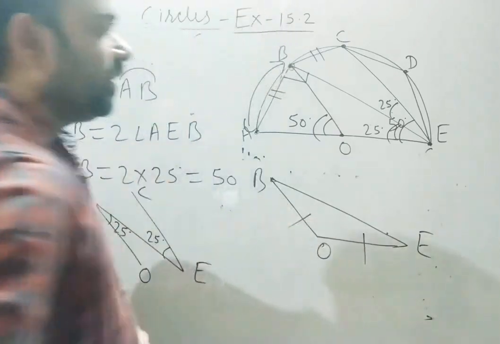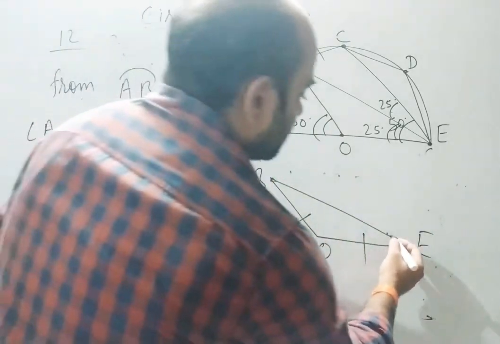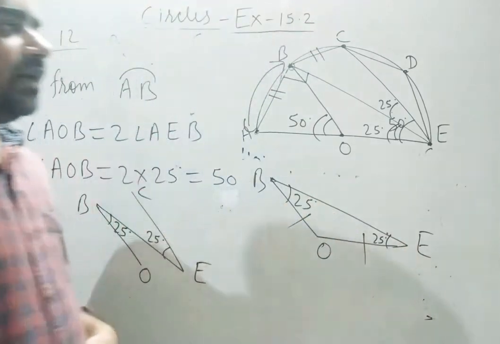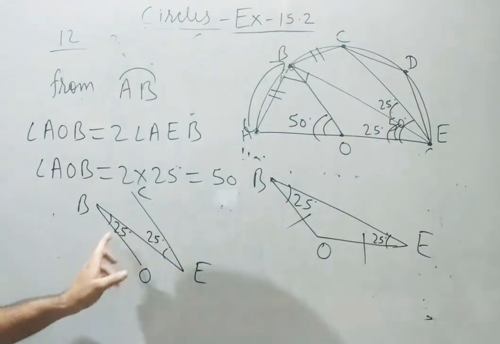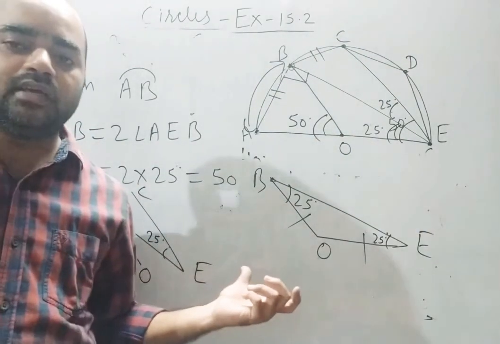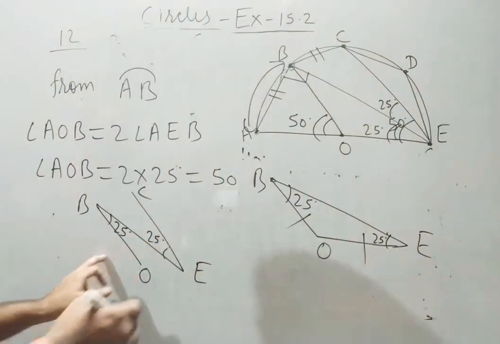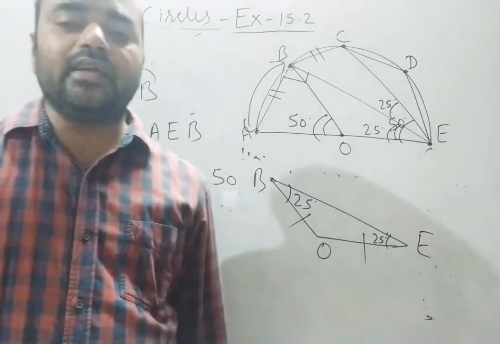These two are radii, center to circumference, center to circumference. This is 25, therefore this will also be 25, and already this is 25. So these two angles are 25. It means alternate interior angles, and when these two angles are the same, these two lines must be parallel using the alternate interior angle theorem.